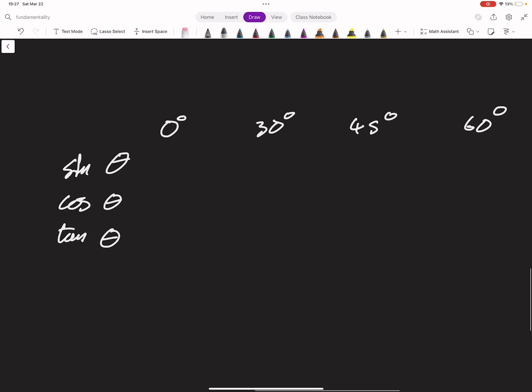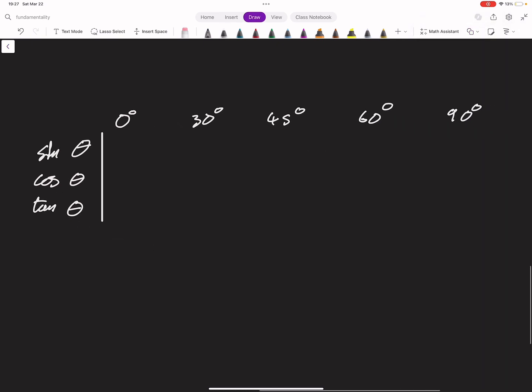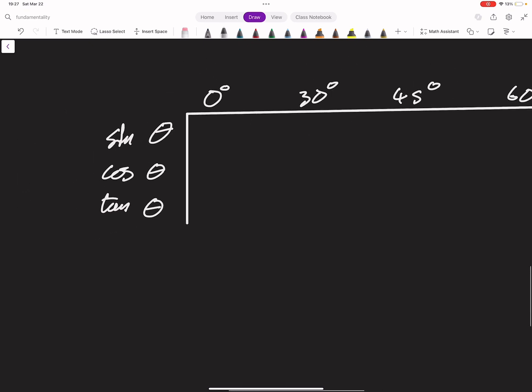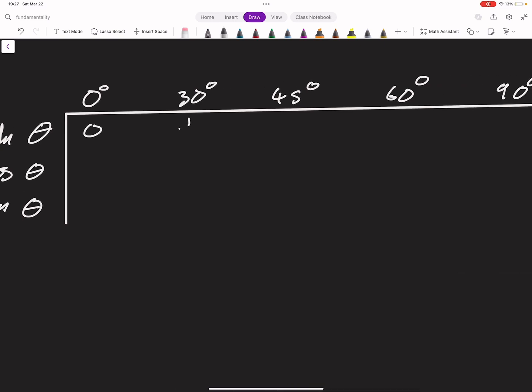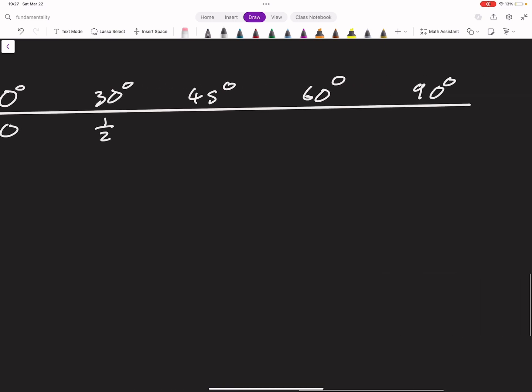The way I do this is set it out in a table, kind of like this, and then I would literally only remember the sine values. So sine theta at 0 equals 0, then it equals a half, then it equals root 2 over 2, root 3 over 2, and 1.